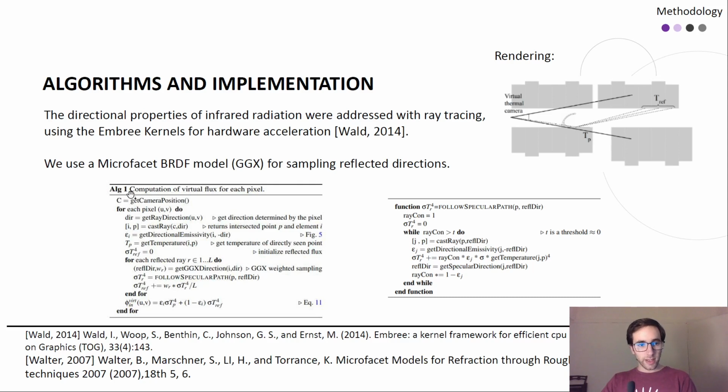So we have an algorithm that goes through each pixel and casts several rays for the reflection using the GGX sampling method, and then computes the temperature directly seen, but also the reflected temperature, and uses some radiation mathematics to get the final rendered temperature.